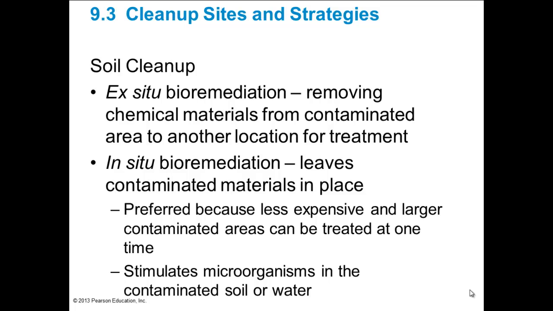The microorganisms that are already in the soil and the water have adapted to the presence of the contaminant, and usually several microbes within the microbial community will directly degrade the contaminant and reduce it all the way to carbon dioxide and water.